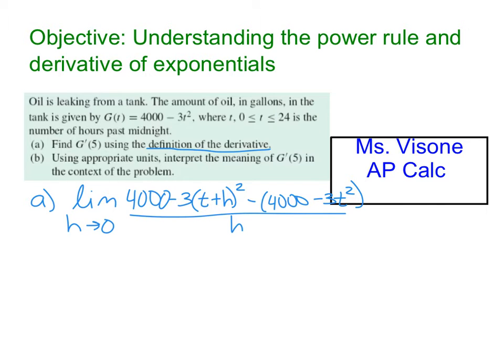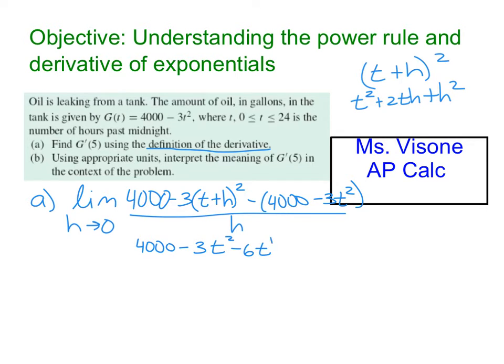All right, so we get 4,000 minus, so t plus h squared is t squared plus 2th plus h squared. If you have different letters, that's fine. I'm going to multiply through by negative 3. So negative 3t squared minus 6th minus 3h squared.